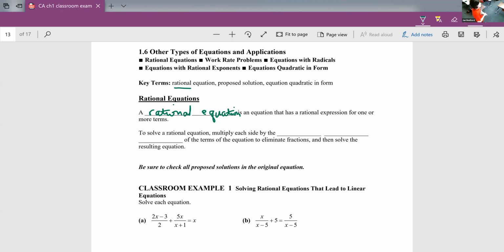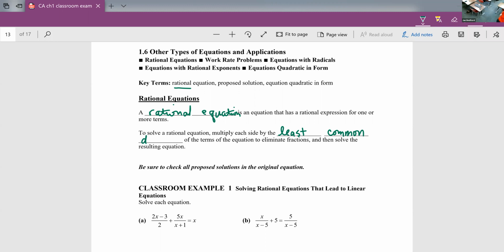terms. Now, as long as it's an equation, we figured out earlier in chapter 1, can we get rid of the fractions? By doing what? Very good. We want to multiply each side by the least common.